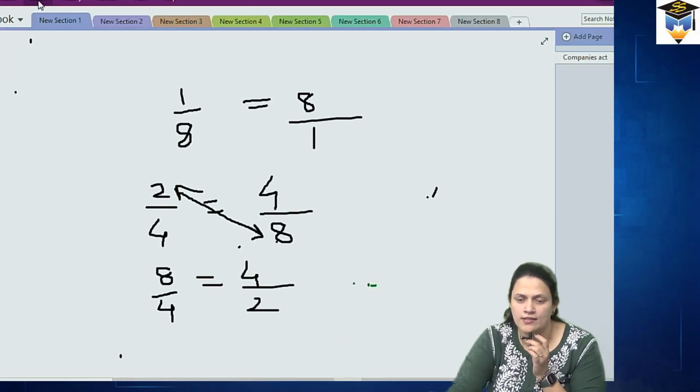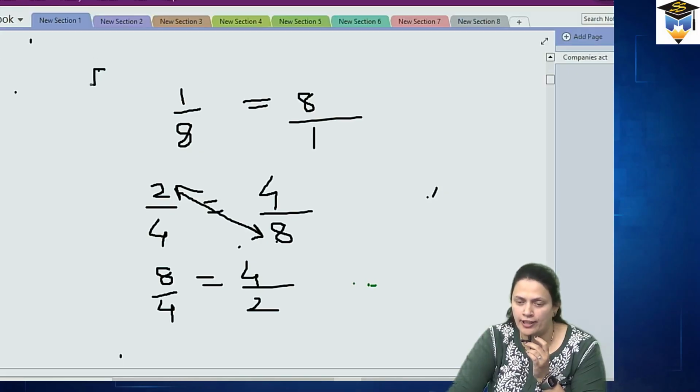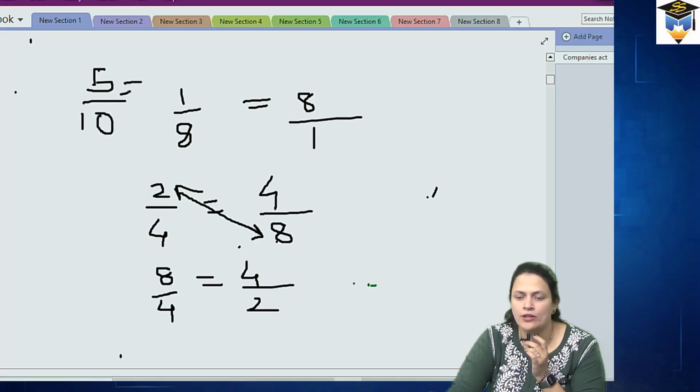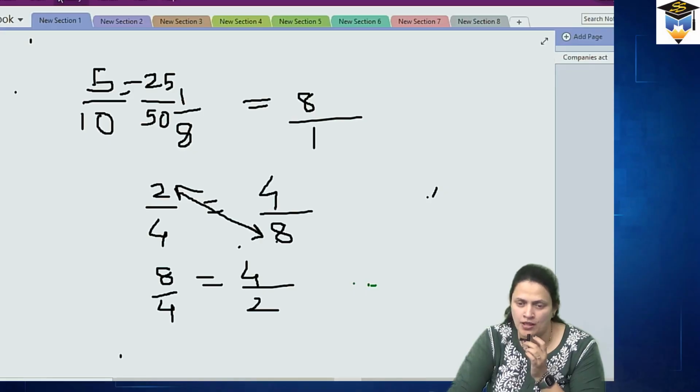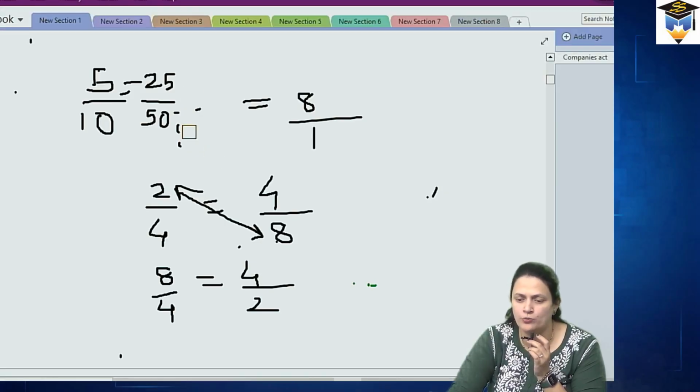So let us take an example. Let us take 5 upon 10 is equal to 25 upon 50. If this is the ratio that is given to us and you want to take componendo, how will you do this? The denominator part you have to add into the numerator, correct?